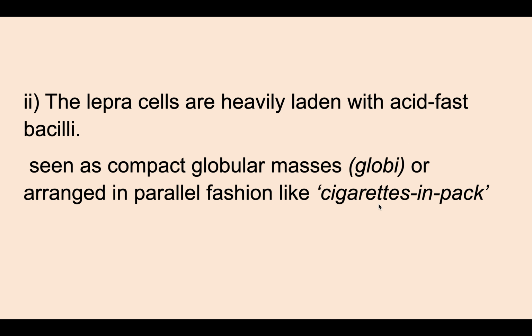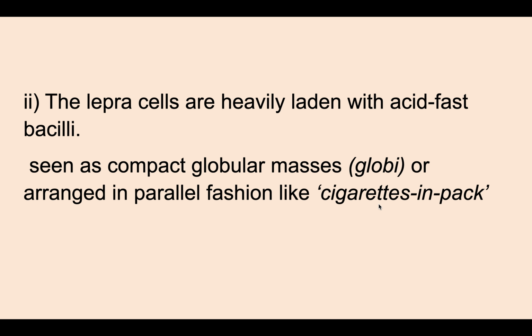The lepra cells are heavily laden with acid fast bacilli, and here only you see globi, or cigarettes in a pack fashion of bacteria. So if you see this slide, you will have an epidermis which is thinned out.